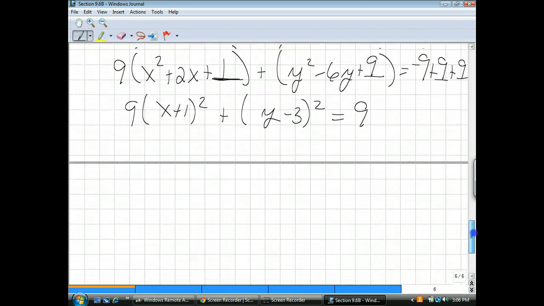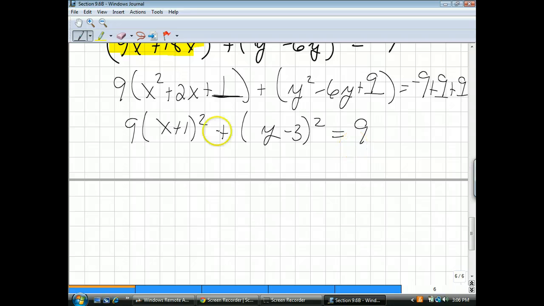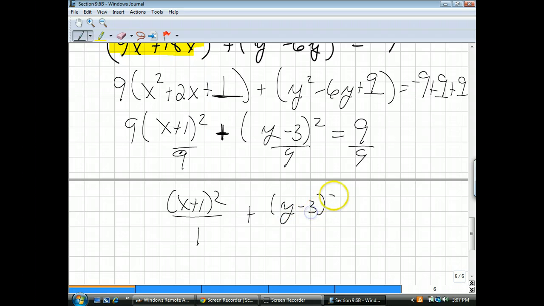So at this point we know that it's either going to be a circle or an ellipse because we have this plus between them. Now if we divide by 9, we get x plus 1 quantity squared over 1 plus y minus 3 quantity squared over 9 equals 1.